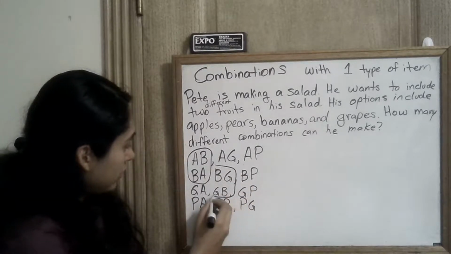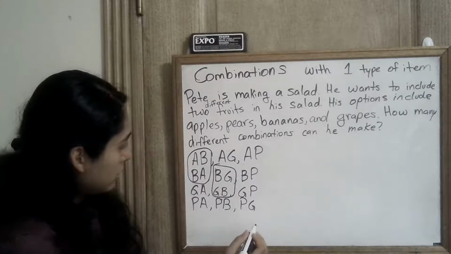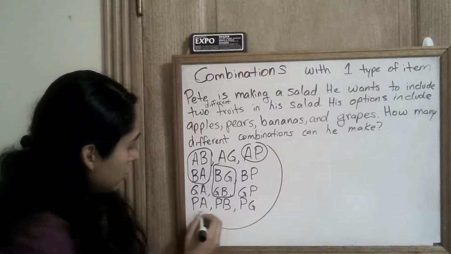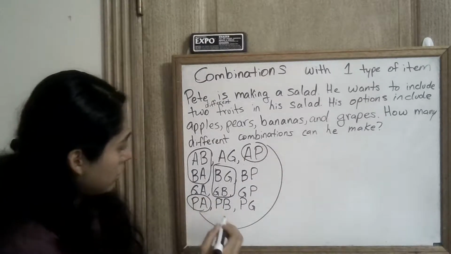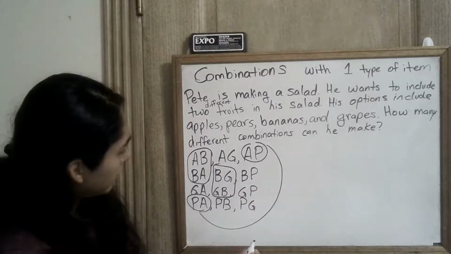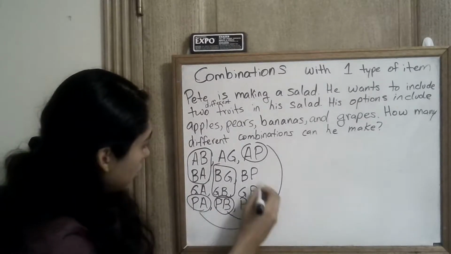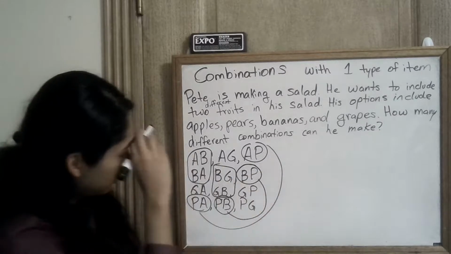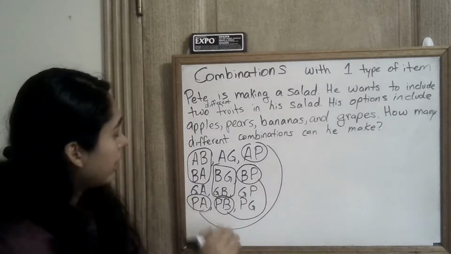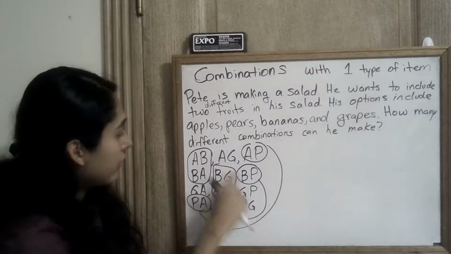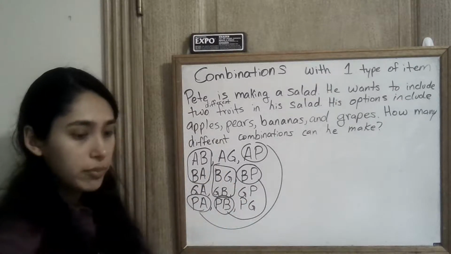These are repeats. And then the other repeat is this one. So truly we have 8 different combinations.